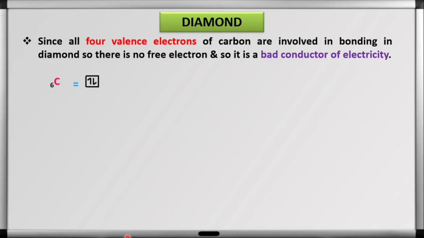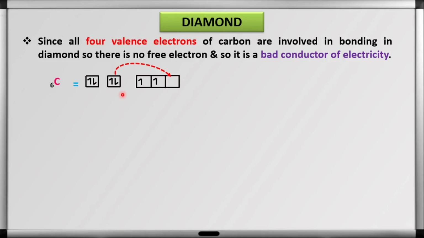Okay, the atomic number of carbon is 6, and 1s2, 2s2 and 2p2 is the electronic configuration of carbon. We already looked at this in the previous lectures. First of all we look at the electronic configuration, 1s2, 2s2 and 2p2.